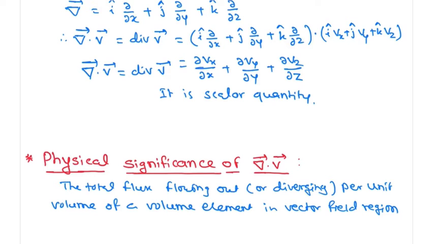Hence, divergence of vector point function gives the total flux flowing out or diverging per unit volume of a volume element in vector field region.